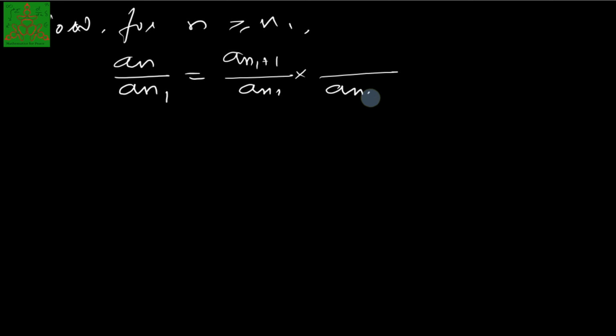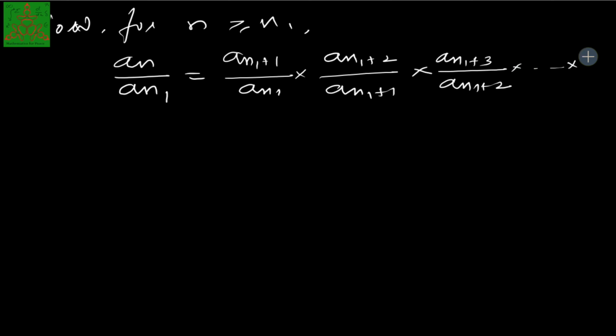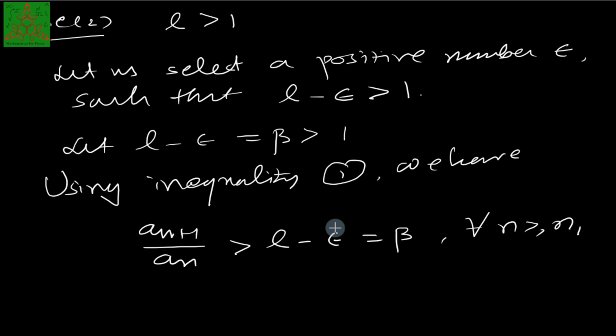That is a_(n1+2), I multiply and divide the same term, here multiplying with a_(n1+3) and so on. Lastly we have a_n upon a_(n-1), and each such quantity is greater than beta due to inequality 3.